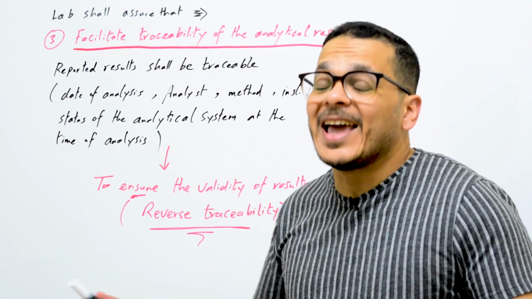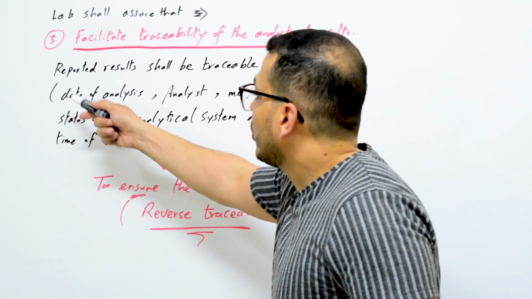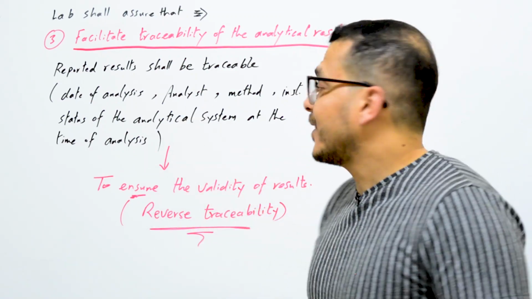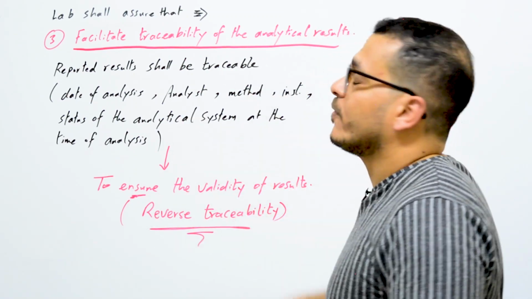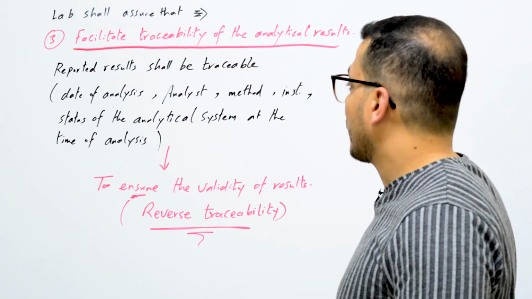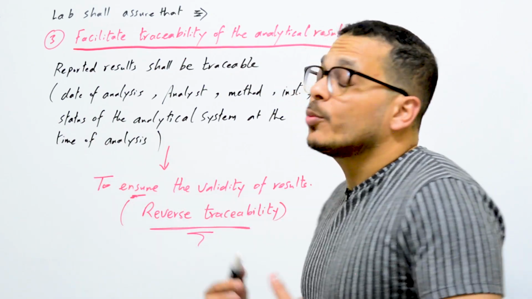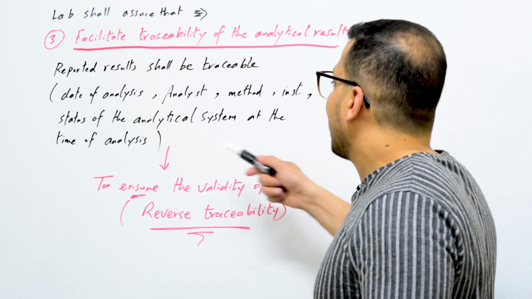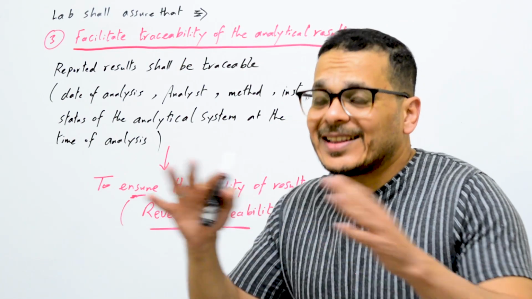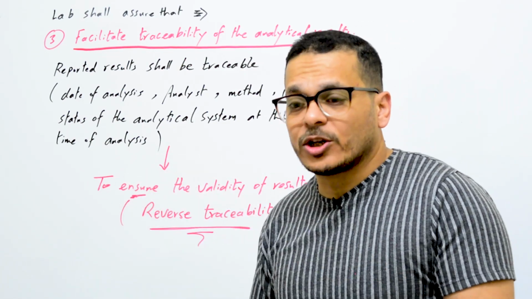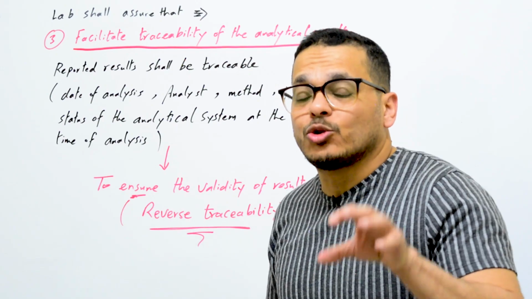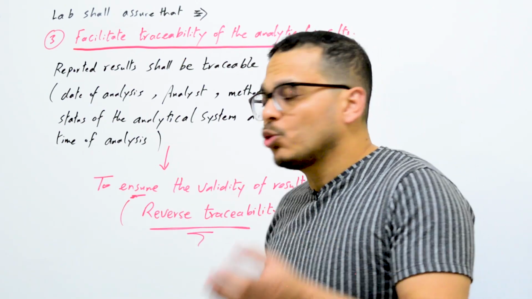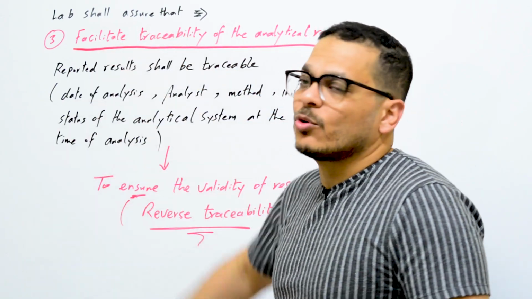You should have some data reported, including the date of analysis, the analyst who ran this sample, the method used for analysis, the instrument used for analysis, and the status or performance of the analytical system and instrument at the time of analysis. All required data should be documented or recorded every day for samples, for every sequence, to have traceability for the results.